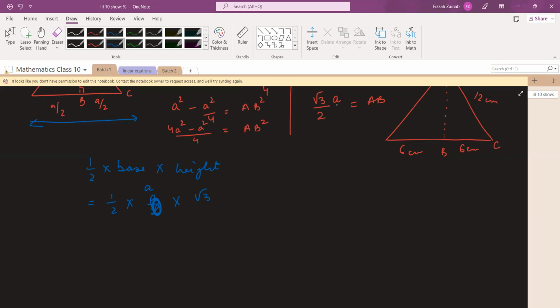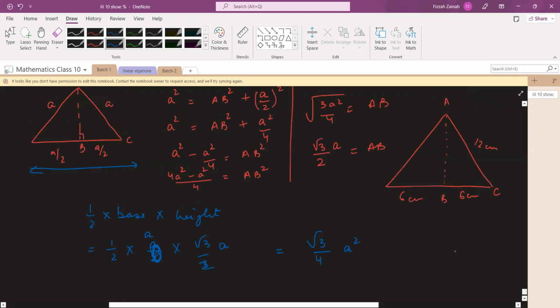Height I have found, which is root 3 by 2 a. So here, 2 into 2 is 4, and under root 3 and a square, which is the formula I'm using here.